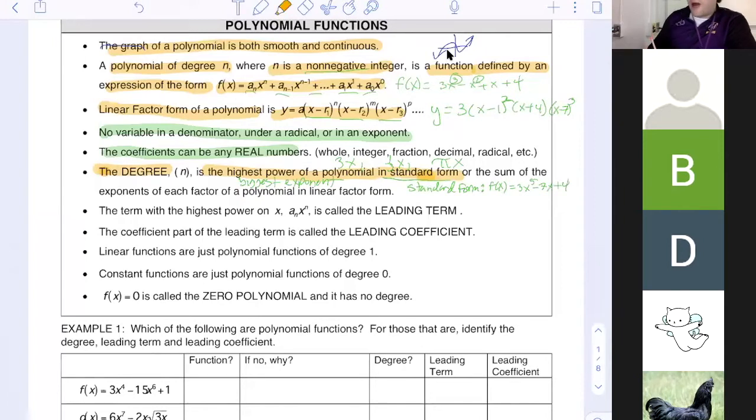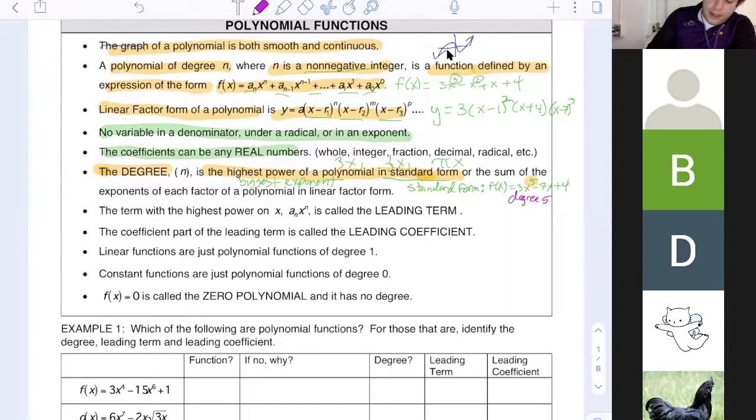And regardless of how many other exponents come after the biggest one, we would say the degree of this is degree 5. So it doesn't matter what comes afterwards. We're looking for the biggest exponent, and that gives us our degree.